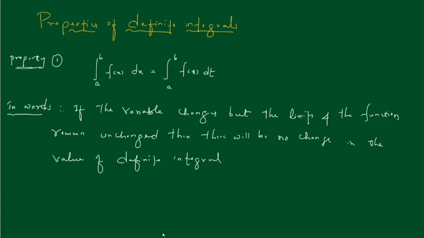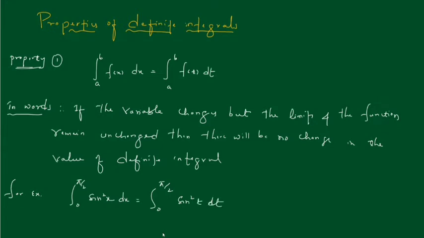For example, integration 0 to pi by 2 sine square x dx is equal to integration 0 to pi by 2 sine square t dt.